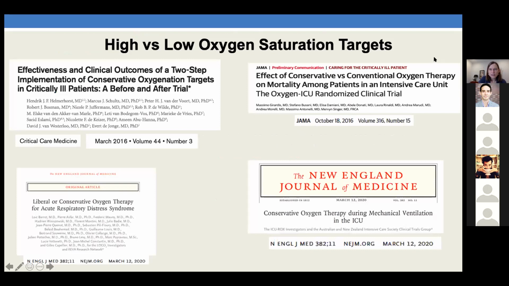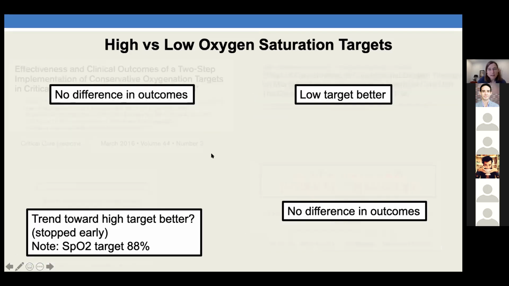In terms of clinical outcomes in patients, there's actually been a lot of work done on this in the last few years. The top two studies in critical care medicine in JAMA in 2016, as well as two studies that came out in tandem in the New England Journal just last year in 2020, addressed this question. And they show varying outcomes. So you can see the one study from 2016 had no difference in outcomes.